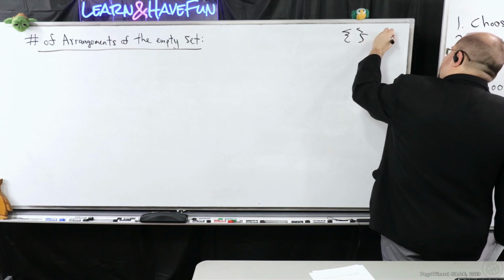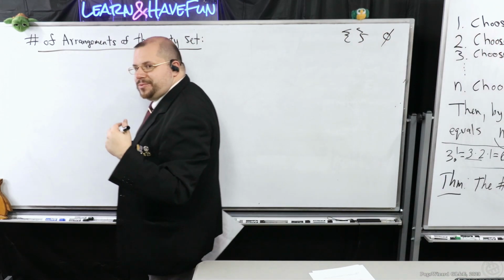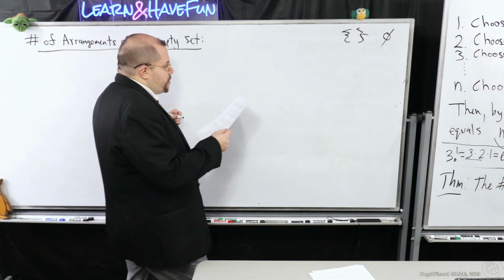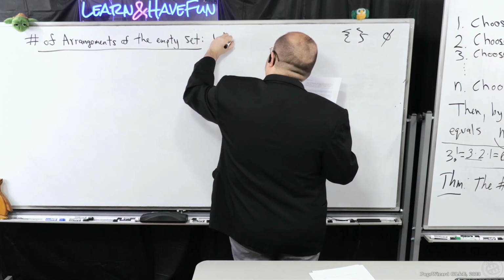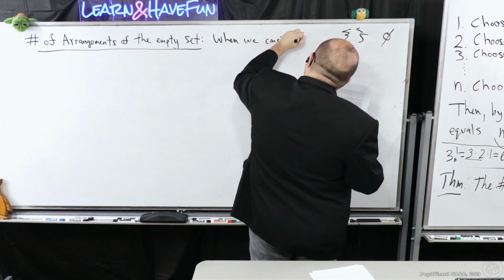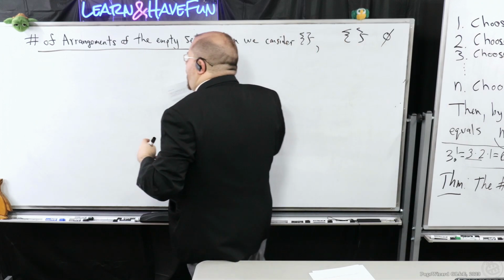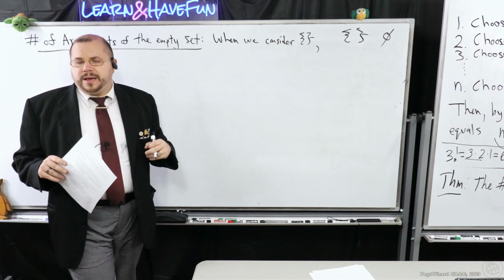This is also written very often like this. So that's what I'm referring to when I talk about the empty set. So when we consider the empty set, how many ways can I list elements of the empty set?